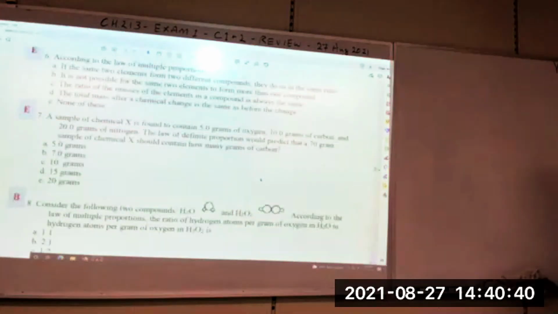Okay, let's see. Oh, 7's a good one. We can actually use the law of definite proportions to predict how many grams of carbon would be present in this sample.